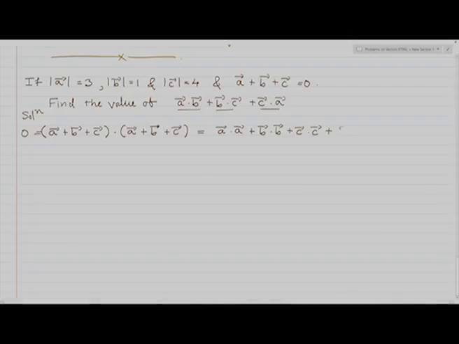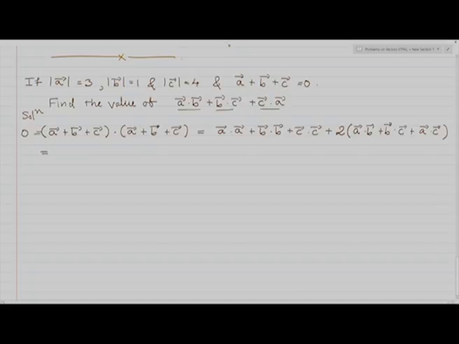So, it will be 2 times A bar dot B bar plus B bar dot C bar plus C bar dot A bar, which is equivalent to A bar dot C bar, because dot product is commutative, right. Do I know anything about this?